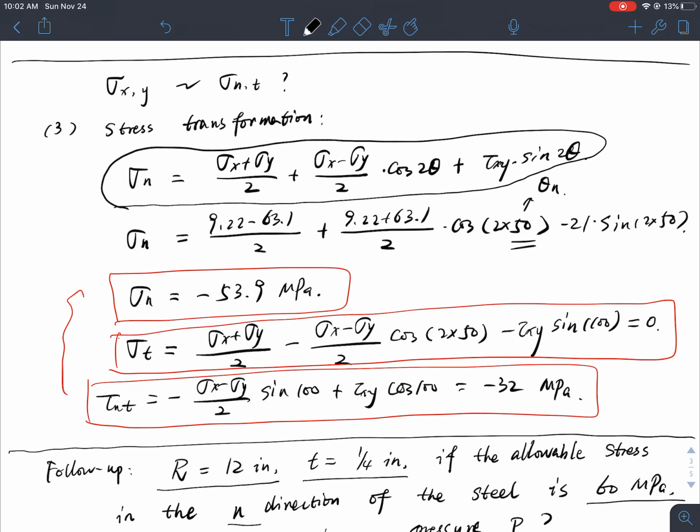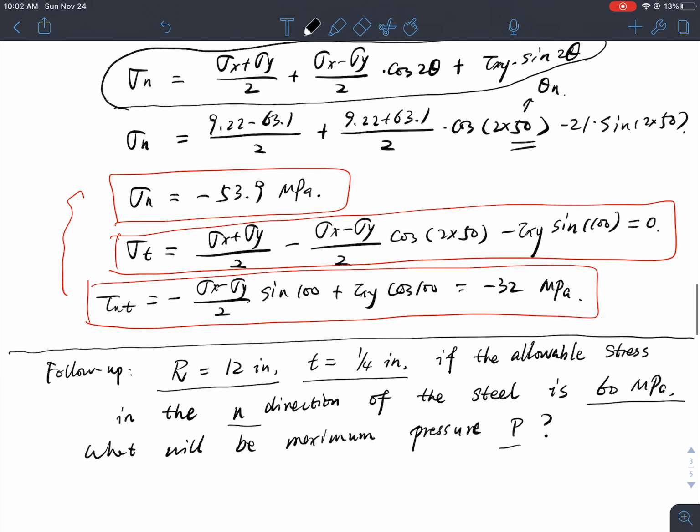What's this about? This basically tells us if I know the stresses in X and Y, I can find the stresses in n, or if I know the limitation on n, I probably can find a relationship between that constraint and the stress in X and Y direction.